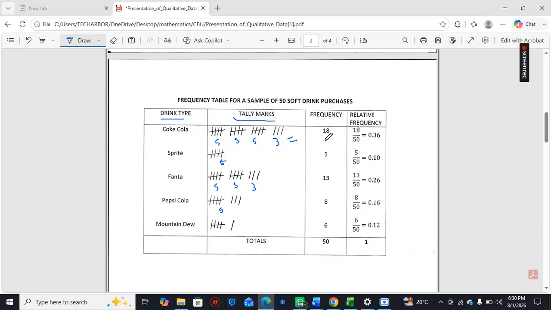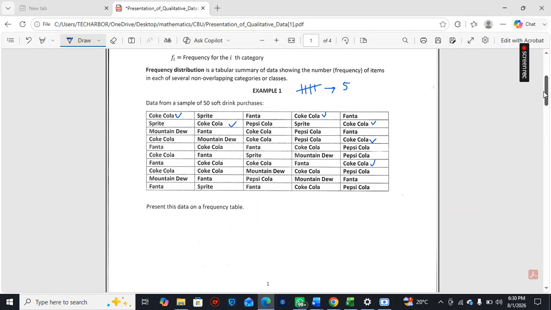Wonderful. So if you add up the frequencies, 18 plus 15 plus 13 plus 8 plus 6, it gives you a total of 50. Remember, in the question here, they told us 50 soft drink purchases.